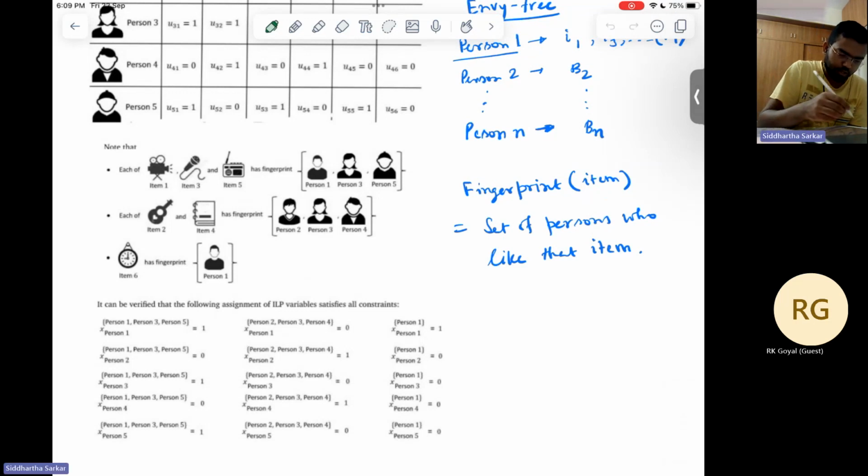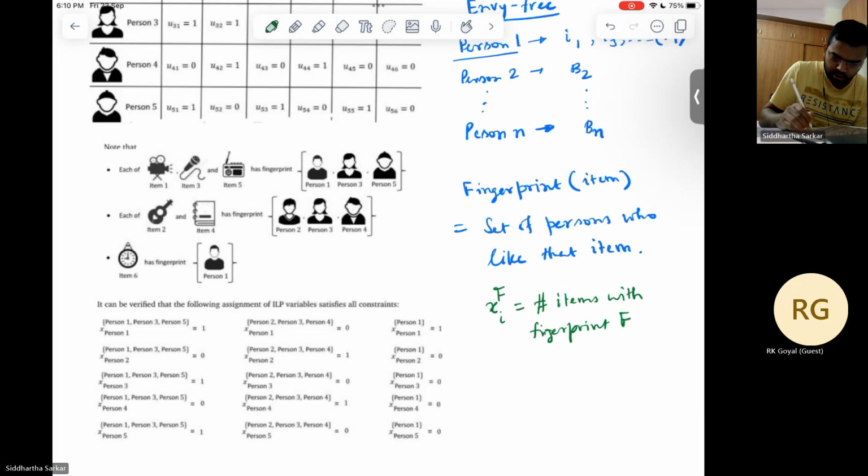This entry x sub i f corresponds to the number of items with fingerprint f allotted or allocated to person i.